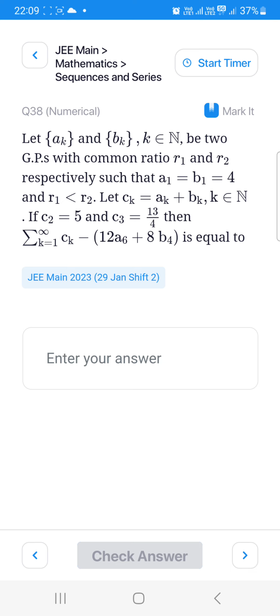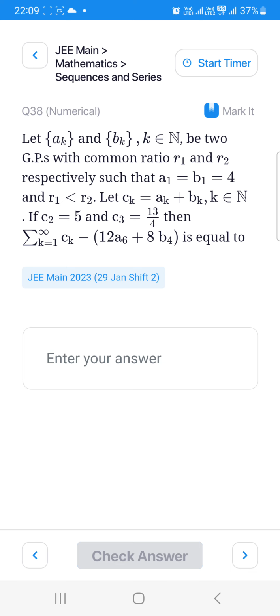There are several crucial pieces of information that lead us to the answer, and sequence and series is a very crucial chapter in the JEE Main syllabus also. So this chapter also really deserves a good question, right?